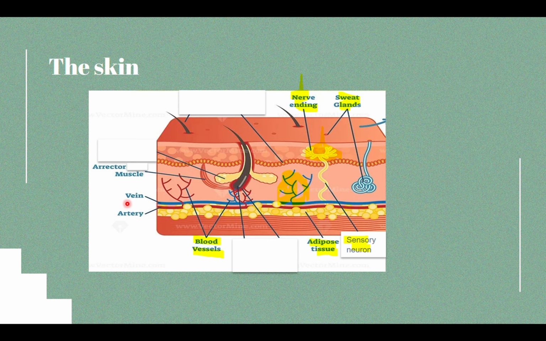But I guess they won't ask about which one is a vein and which one is an artery, so don't take that too seriously. And lastly, this one that looks like several strands connected together is known as an erector muscle. It controls the positioning of the hair. You need to know that the black ones are hair.